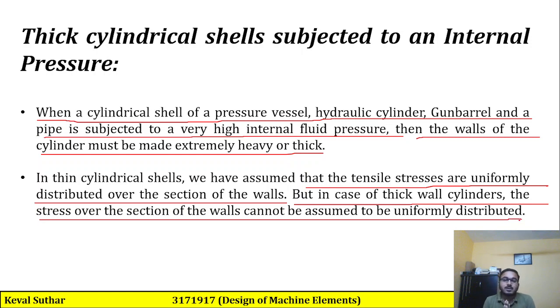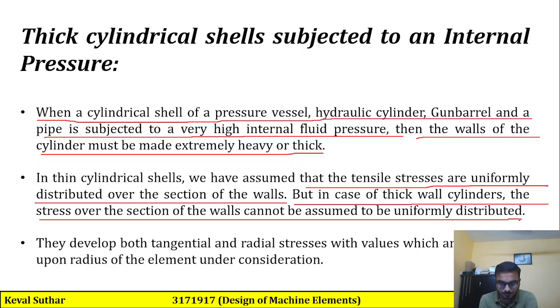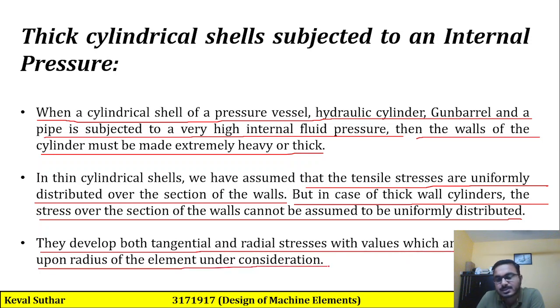So now this stress will be varying, that is, its value will change in the radial direction. They develop both tangential and radial stresses with values which are dependent upon the radius of the element under consideration. So now this theory will get a bit complex mathematically.